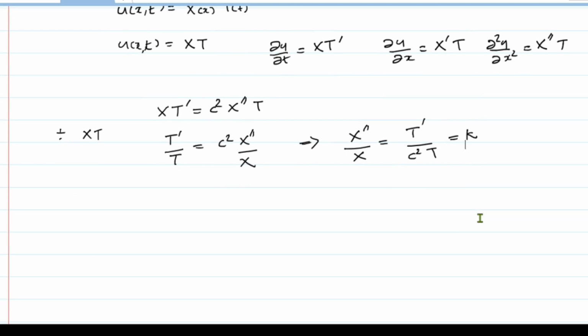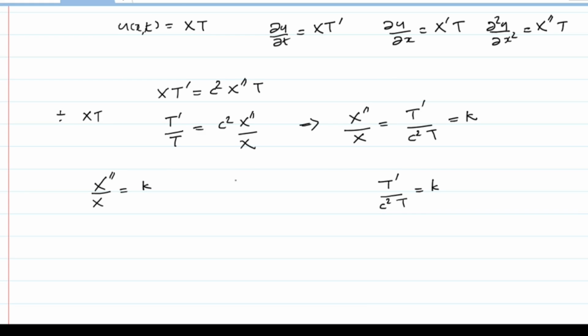Then we get two equations, that is X double dash by X is equal to k and T dash by c square T is equal to the constant k.